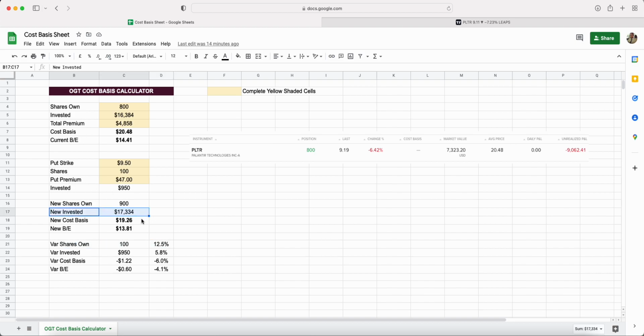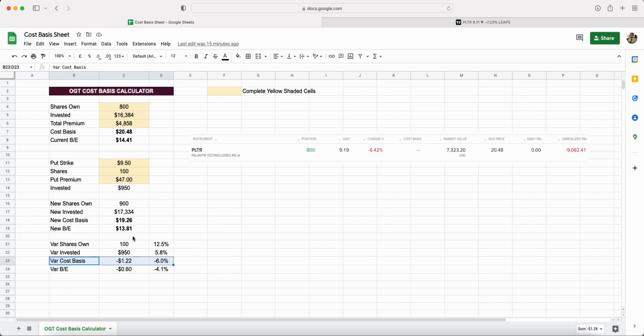My new invested capital would be 17.3k. Because what we're doing here is we're adding in the 16k plus the 950 if I did get assigned, so it's an additional 5.8%. And what you'll see here is my new cost basis drops by 6% to $1.22, right?